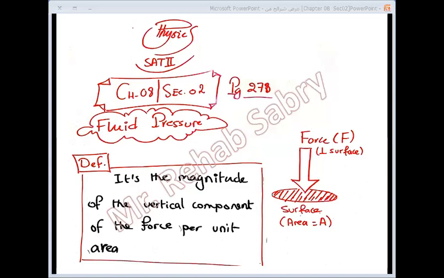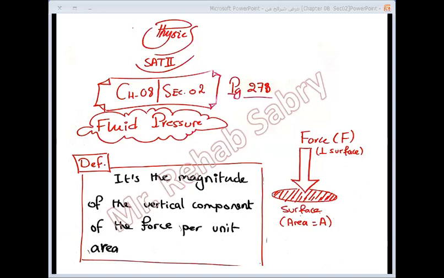Force over area. Any force or the normal force? Normal force. Surface force ما بتعملش area. اسمها normal force or the force that's perpendicular to the surface.